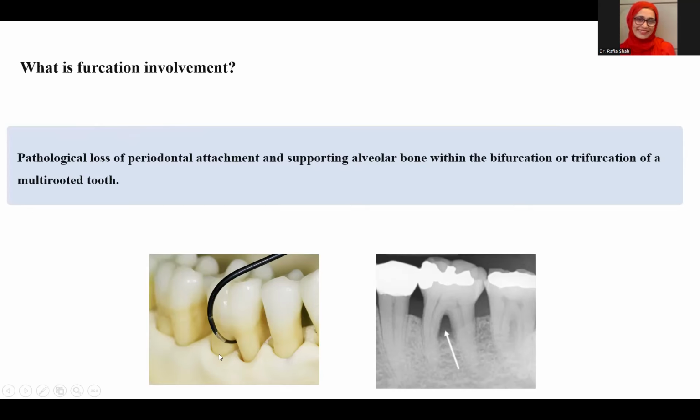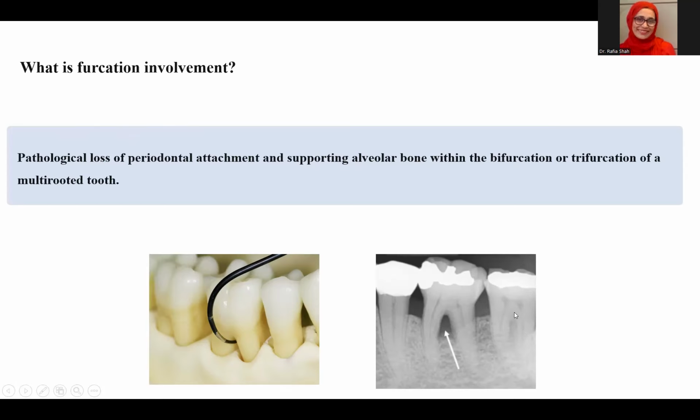If we see clinically, we will be assessing this region with the help of a probe. We'll talk about it, that is called Nabers probe. And if you see on an x-ray, we will find there is a loss of bone and a radiolucency present in a particular region of the furcation, and this loss will lead to the appearance of a radiolucent region on an x-ray.